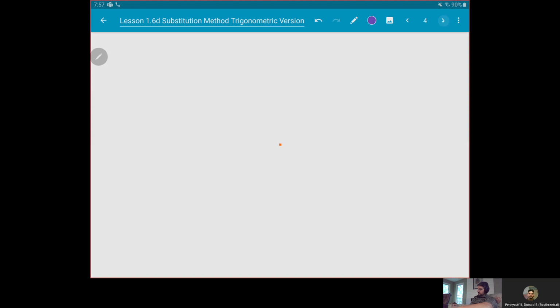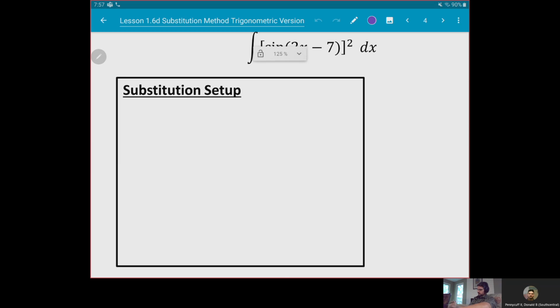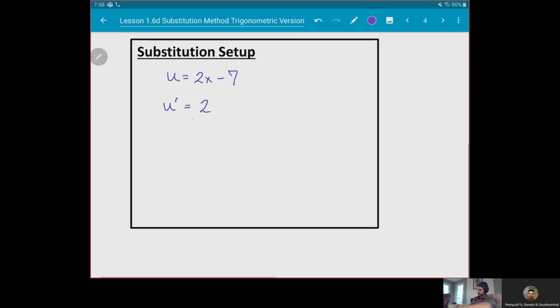Now, if we get rid of that cosine and drop this down to just one trig function, then what we are going to want to get rid of is just the inside part. So if you have just one trig function, all you're going to do is get rid of the inside portion. Okay. Now what that's going to do is it's going to simplify this enough that you can use the integral table that I gave you guys in class to get to the correct answer.